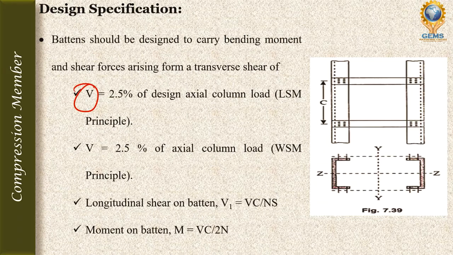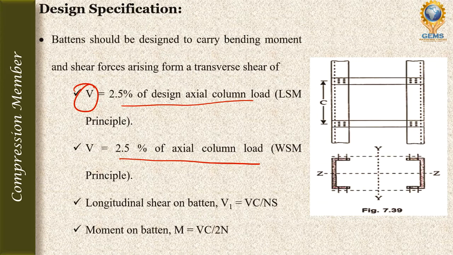It is 2.5 percent of the axial load in case of the limit state method, and 2.5 percent of the axial load in case of the working stress method. From that we can find out the longitudinal shear force.